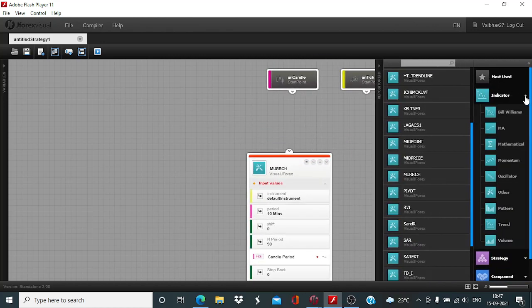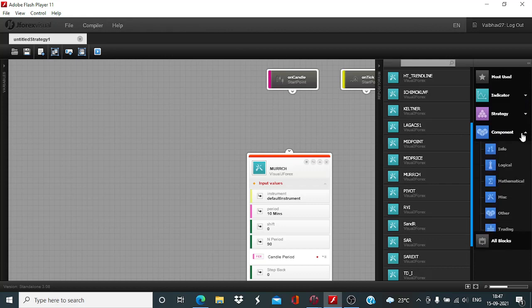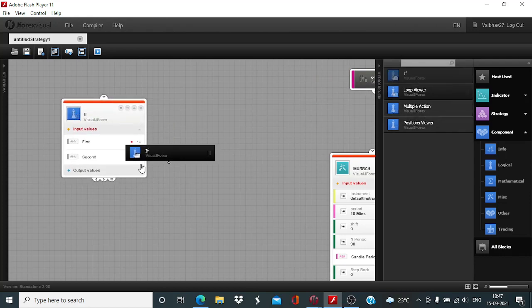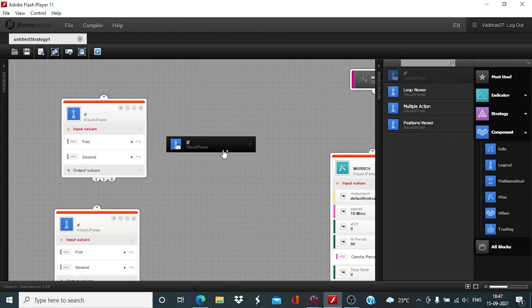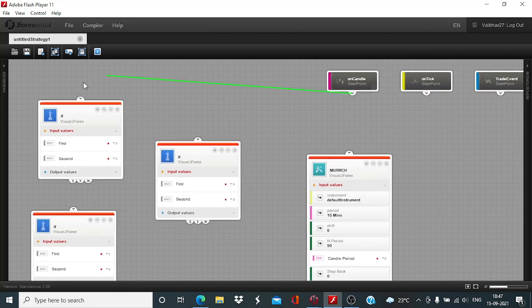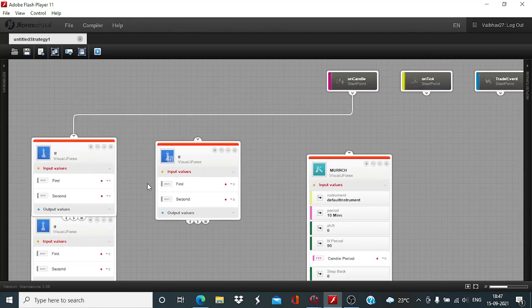To start, first thing first, we will have to get the instrument subscription done, and for that I am going to take help of the logical blocks. On candle will be our start point.